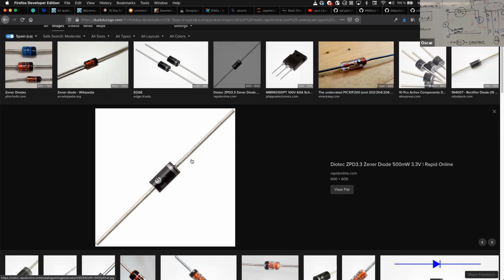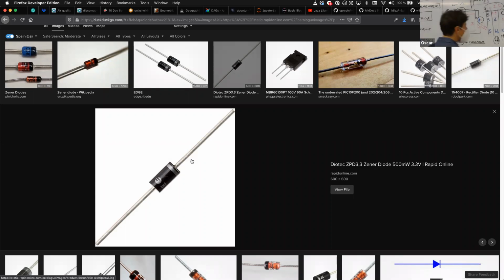When I put the resistor, then obviously the light works. It's negative. Yes, it turns on. Positive, positive.